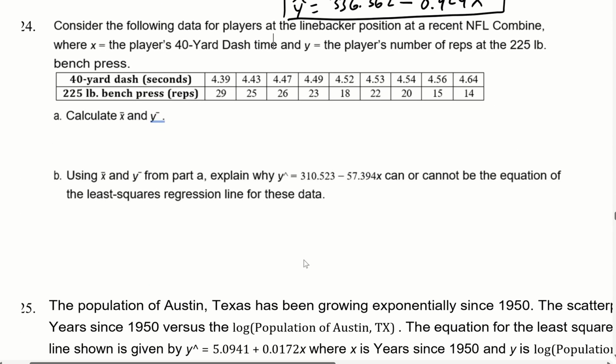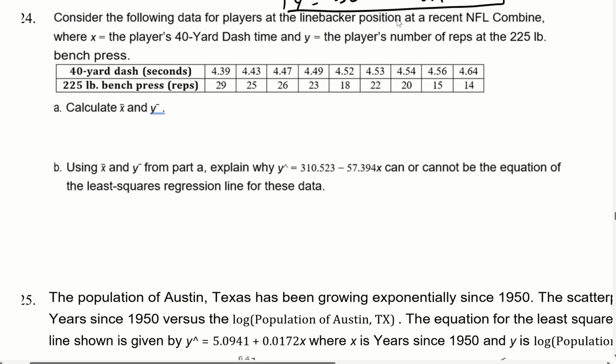All right, number 24. Consider the following data for players at the linebacker position at the recent NFL Combine. Calculate x bar and y bar. Okay, so x bar is just the average; this is x, this is y. So you average the values in the x direction. To get x bar, you add these up and divide by how many you have. There are 9 players in here.